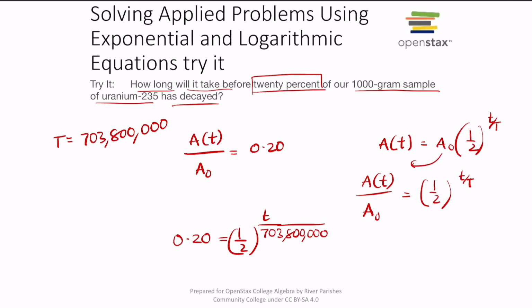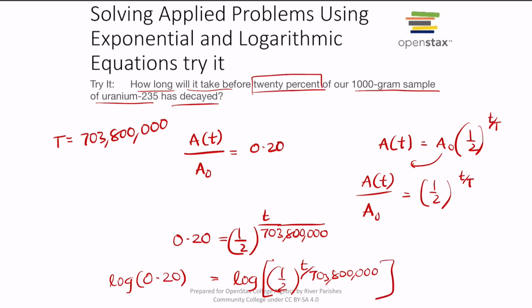Now how would you find this value? First, use the logarithm principle and apply log on both sides. So it becomes log of 0.20 equals log of 1 by 2 whole to the power of t over 703,800,000 years.